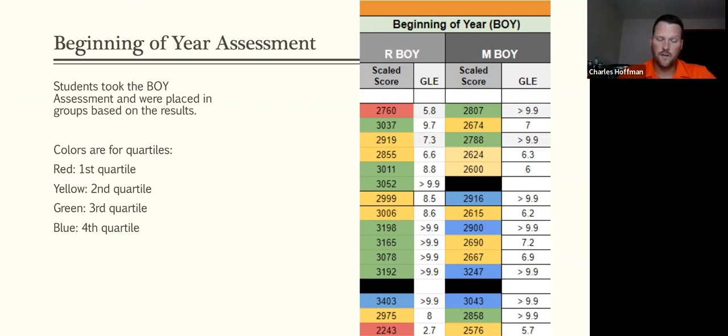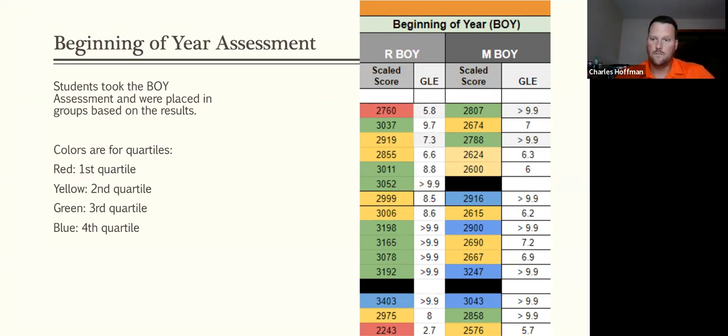To the left on the screen, if the student score on the right is in red, that means they scored in the first quartile. If it's in yellow, it's the second quartile. If it's in green, it's the third quartile. And if it's in blue, it's the fourth quartile. Now, blue is the top quartile, so the top 25%. And then you go down.